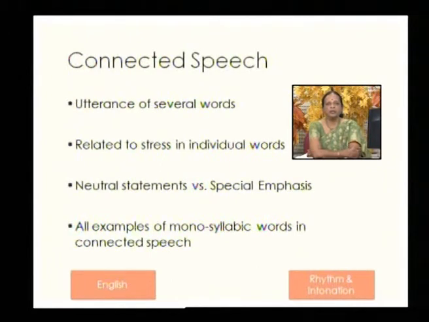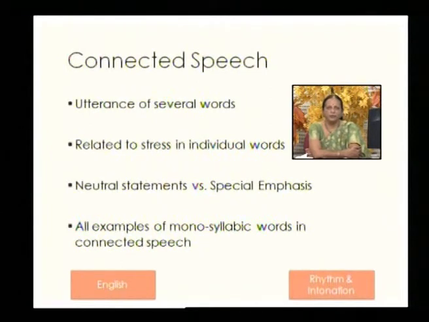Remember talking about division of words into syllables? How monosyllabic words don't have accent, how words other than monosyllabic words in the English language do have accent. And why do we need this? To make a distinction between neutral statements and a special emphasis.